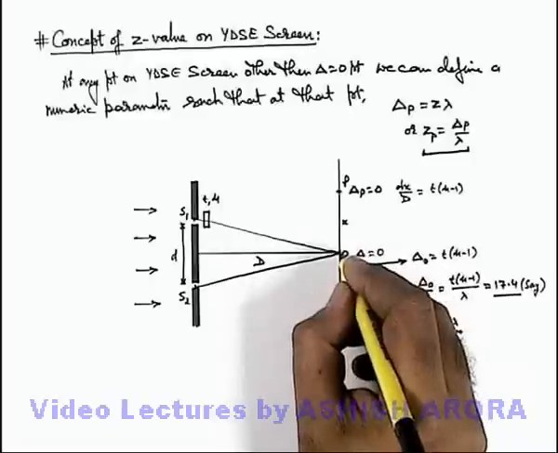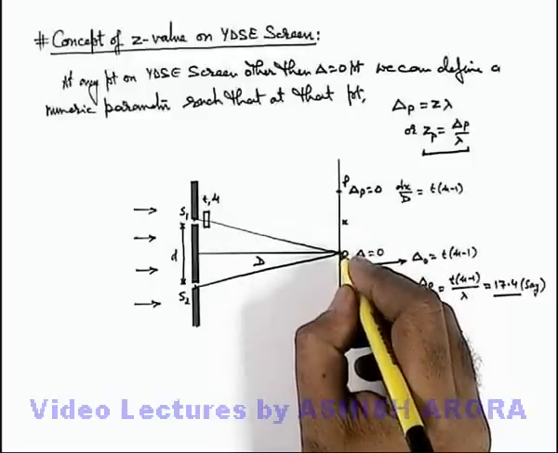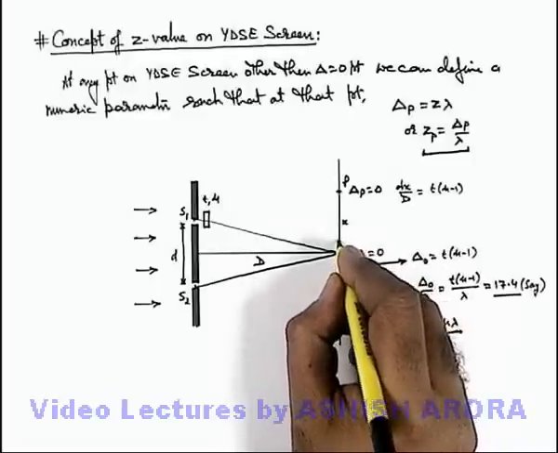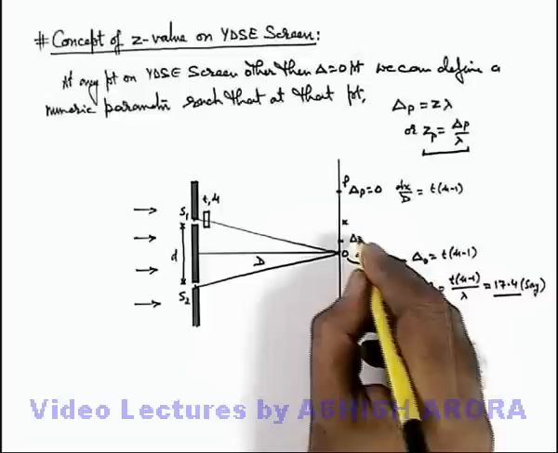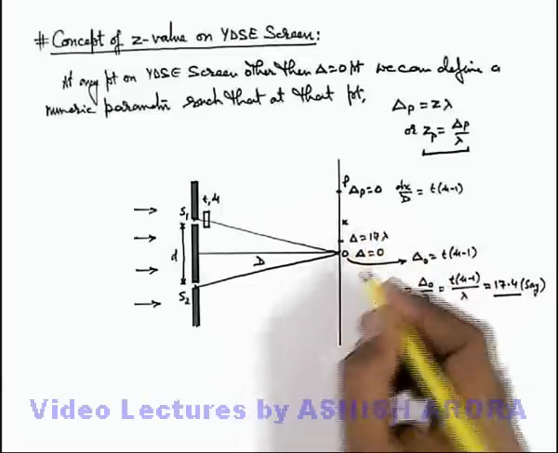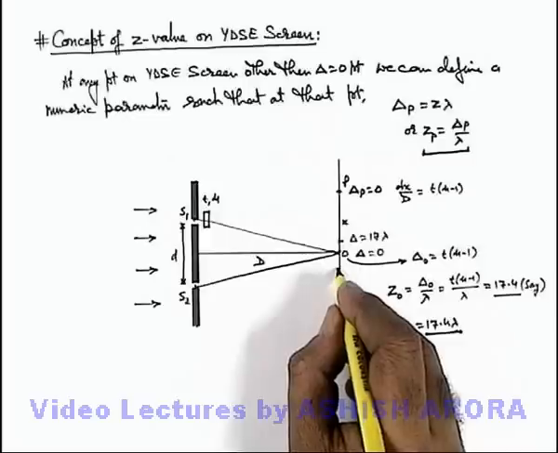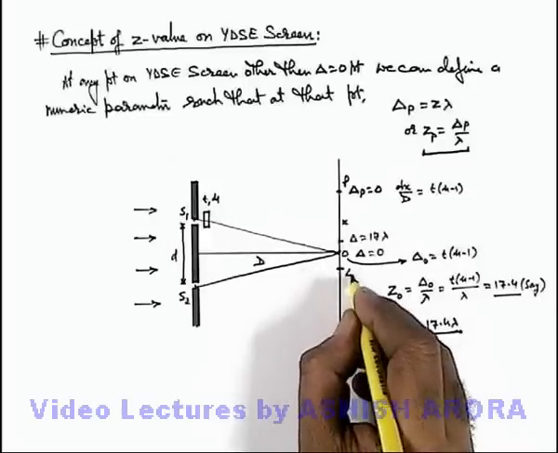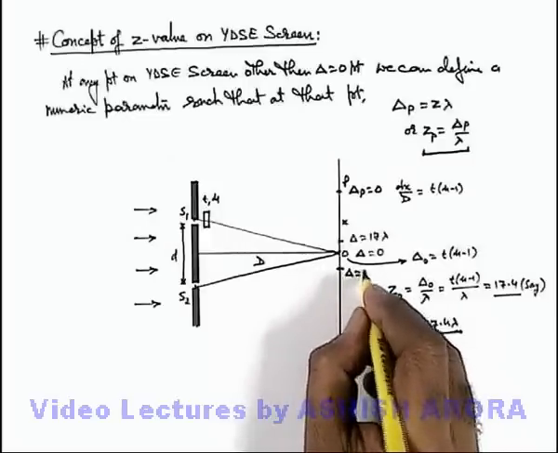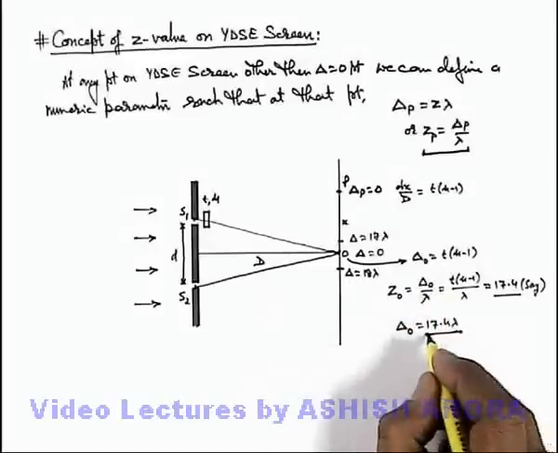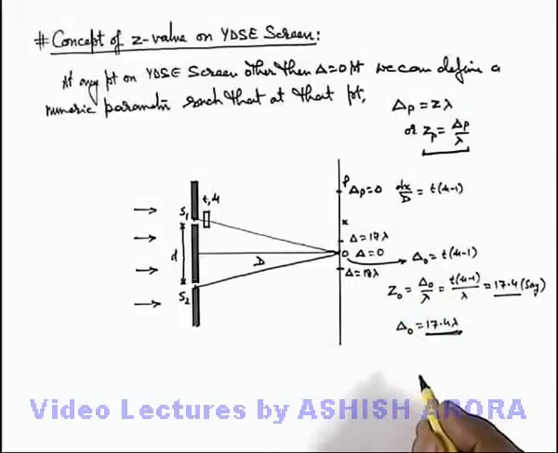The point having a bright fringe above point O is the one where delta is equal to 17 lambda, and another point below O where intensity is maximum, a bright fringe, is the point below O where delta is 18 lambda, because at O it is 17.4 lambda.